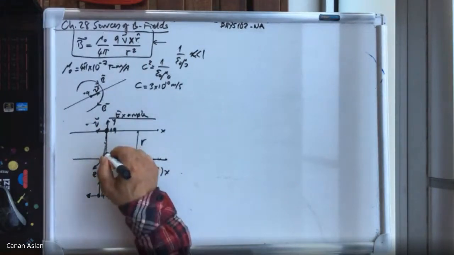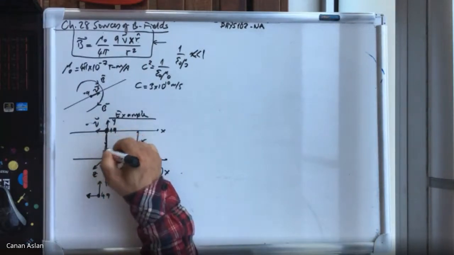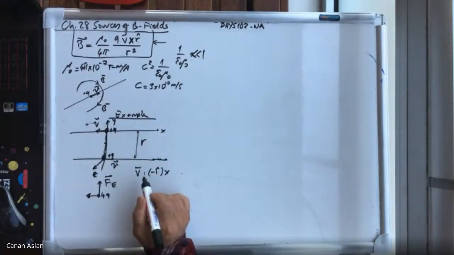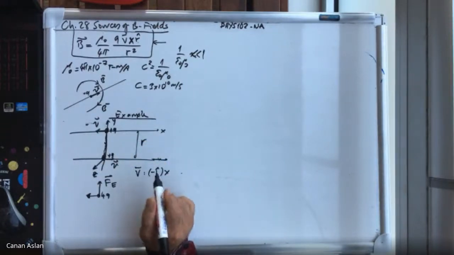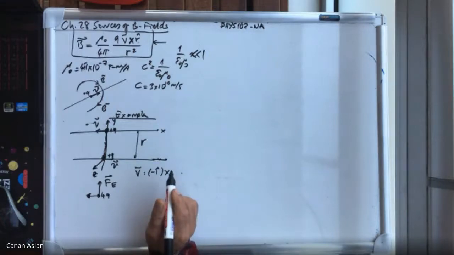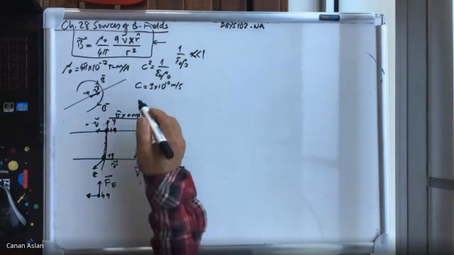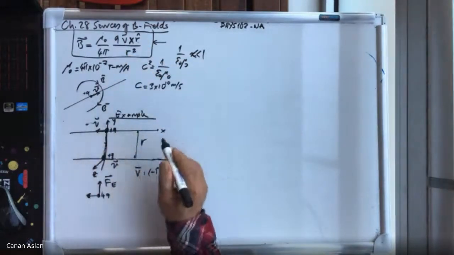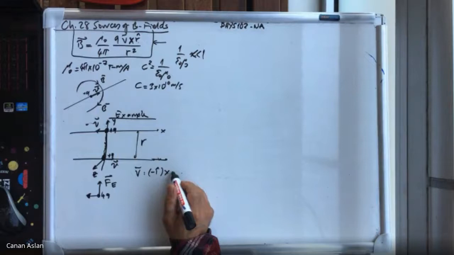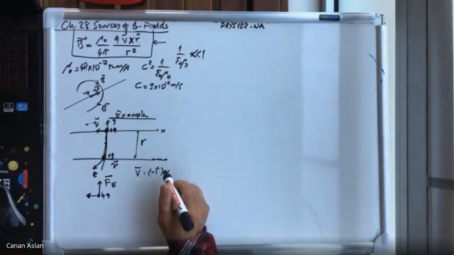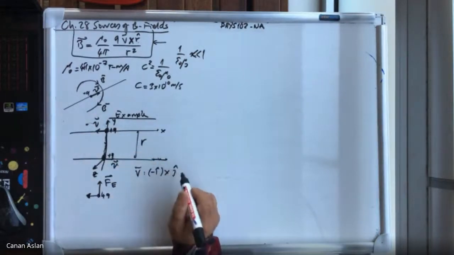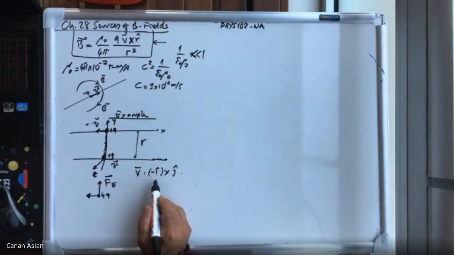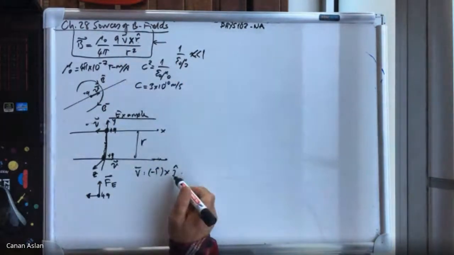r is this distance. v is in the x direction, but r is in the y direction, j. So this is v cross r, in the j direction.